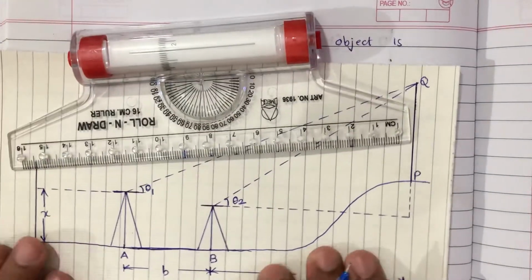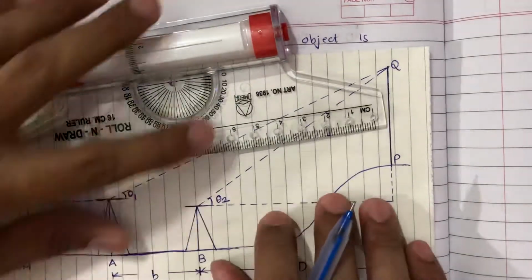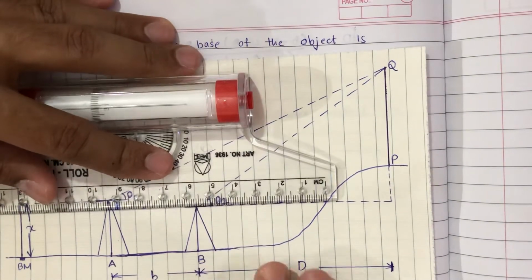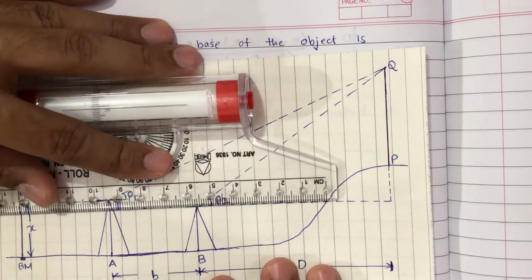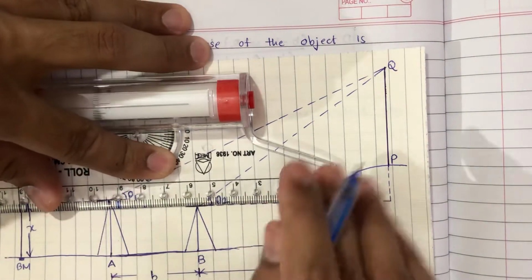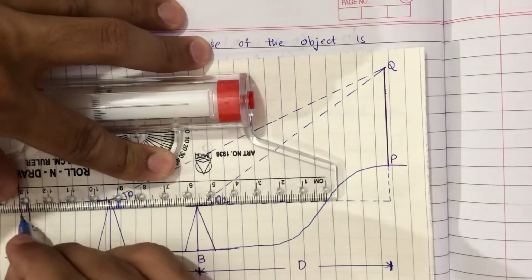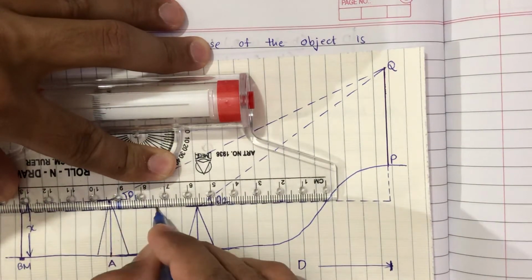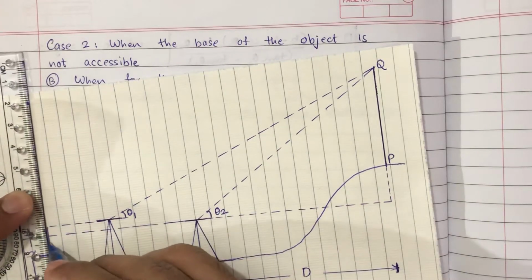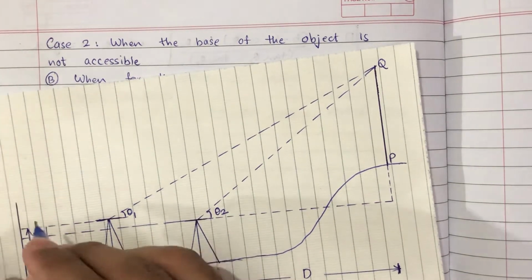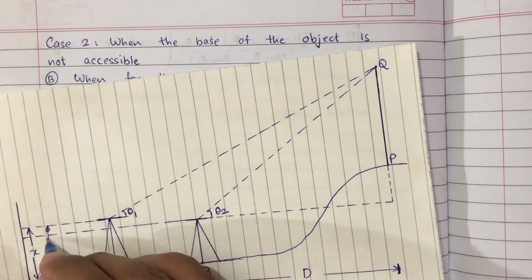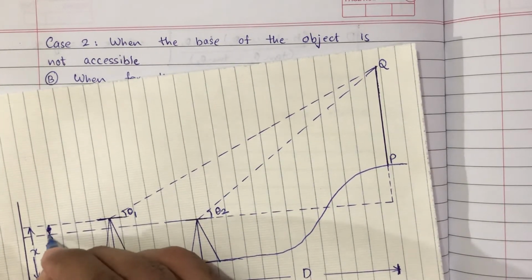Now here the angle of elevation is theta 2, and let this theodolite at B take a backside reading to the leveling staff, and let that backside reading be this height y.